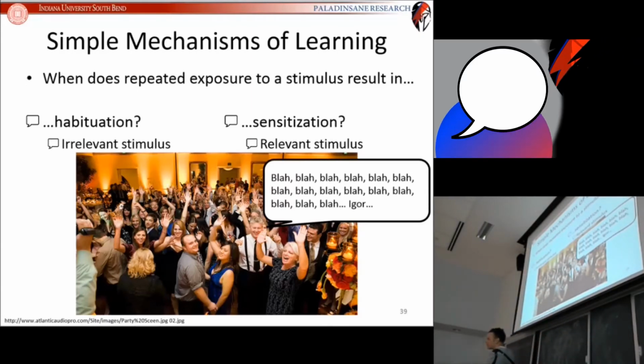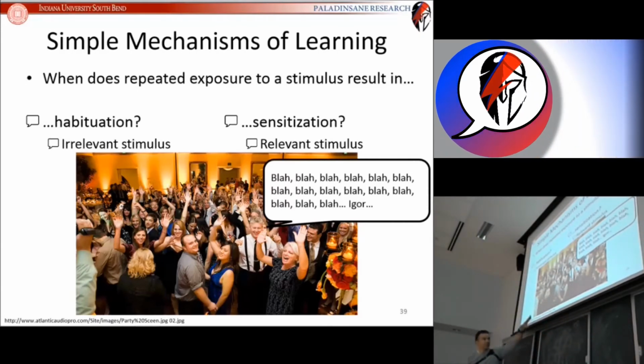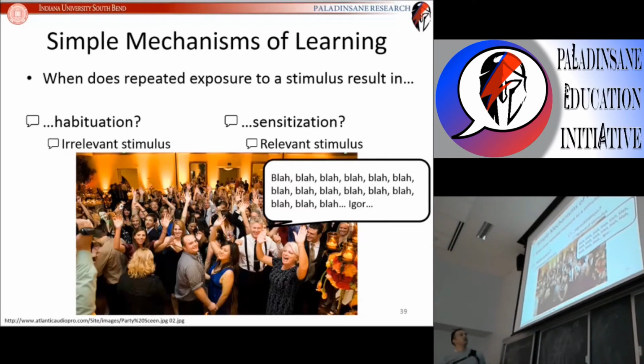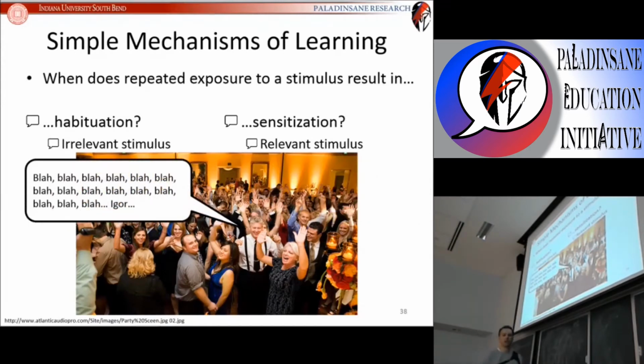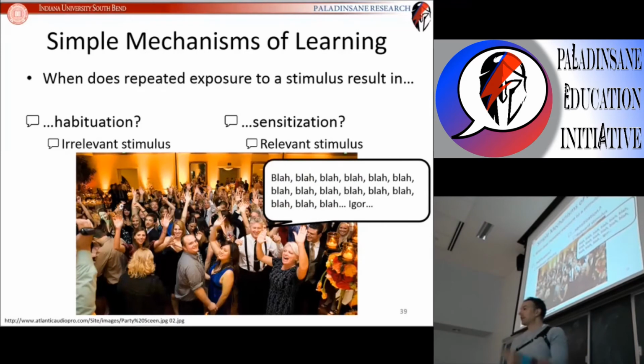So this is one possible explanation for this cocktail effect, and it all has to do with these basic principles of habituation and sensitization. So as long as it's irrelevant, the volume on those outside conversations seems to go down. Once it becomes relevant, then all of a sudden the volume on that outside conversation skyrockets, and you start getting sensitized to that stimulus.